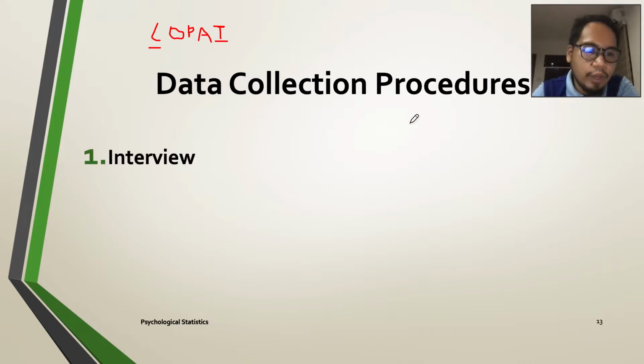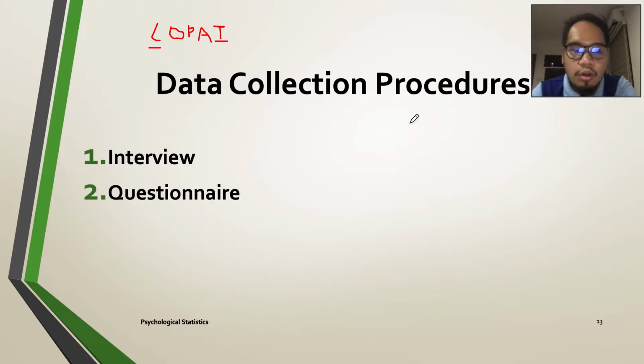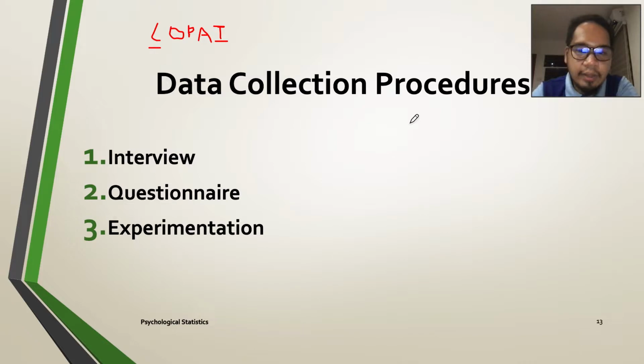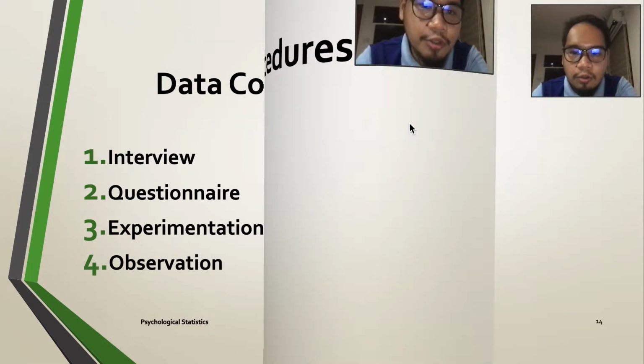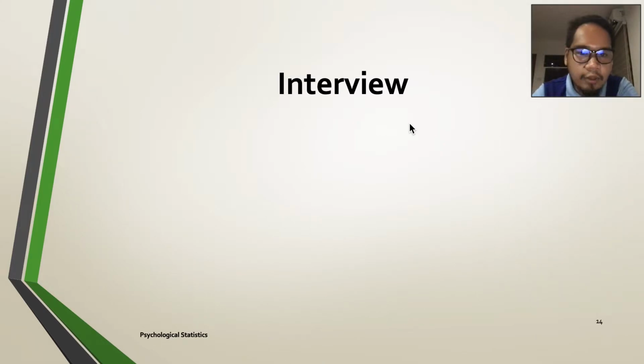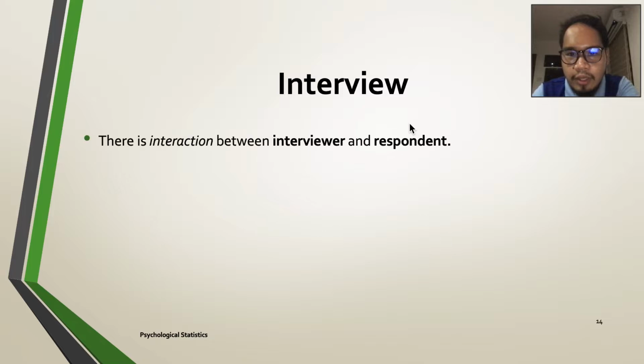We have four ways: interview, questionnaire, experimentation, and observation. So we're going to discuss each one of them and try to see the advantages and disadvantages of these different types of collection procedures. So let's start off with the interview method. The interview method, as everyone knows, involves an interaction between you and the participant.